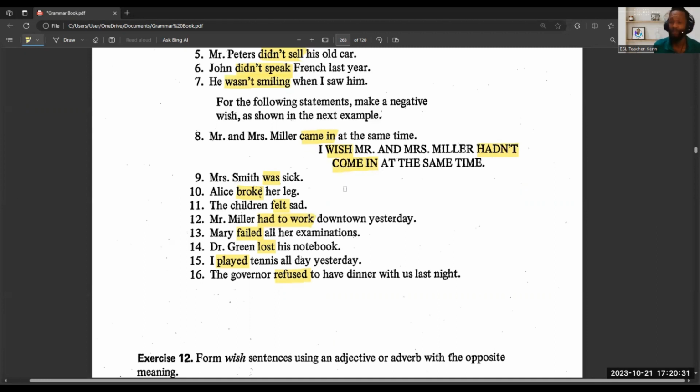Mrs. Smith was very sick. I wish she hadn't been sick. Alice broke her leg. I wish she hadn't broken her leg.